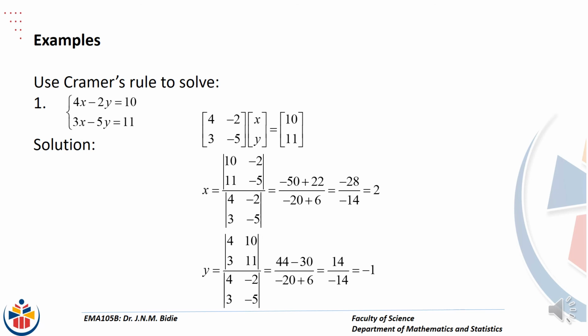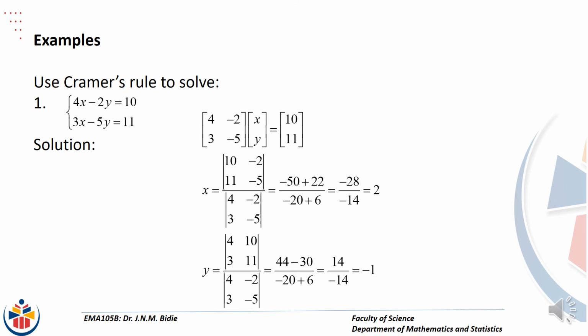The numerator for x is the determinant of a matrix where the first column of A is replaced by the constant matrix. So you've got 10 and 11, and the last column of A remains the same.